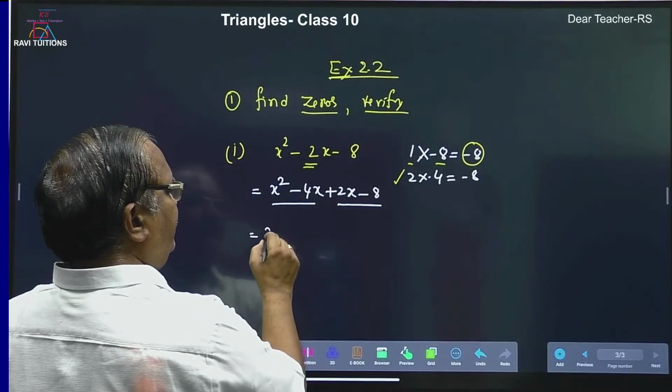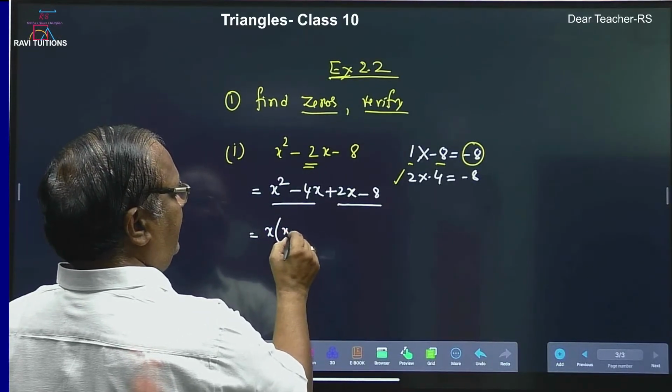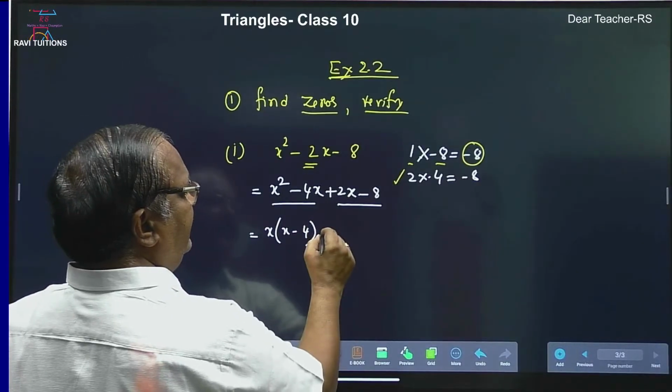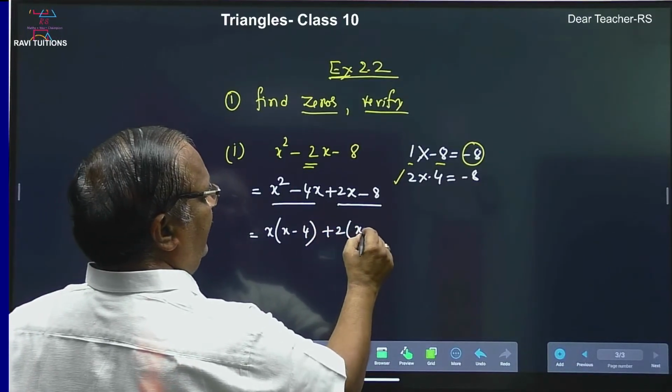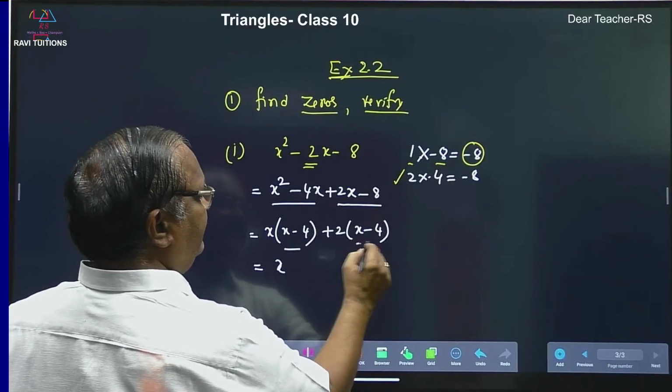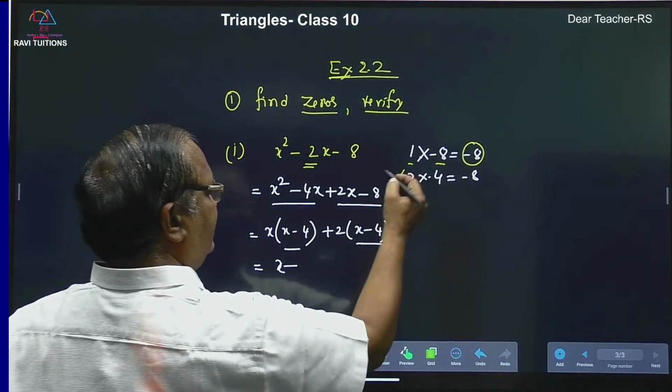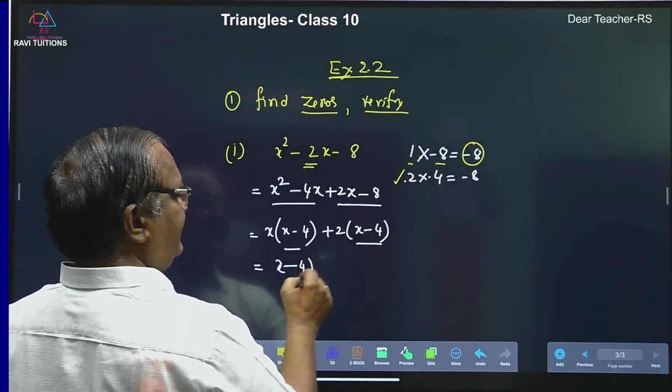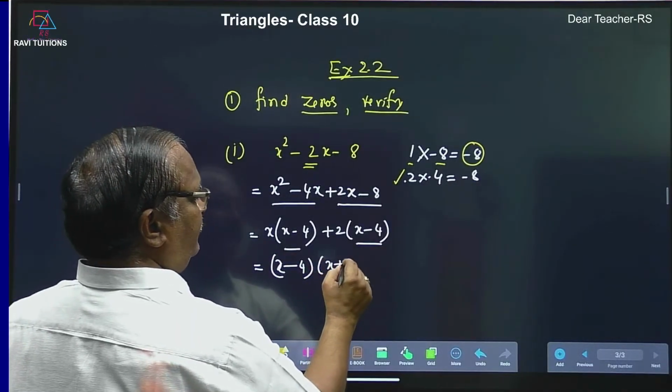In this you can take x common, x minus 4. In this you can take 2 common, x minus 4. So x minus 4 is again common. If these two factors are correct, you will get the same thing, and x plus 2.